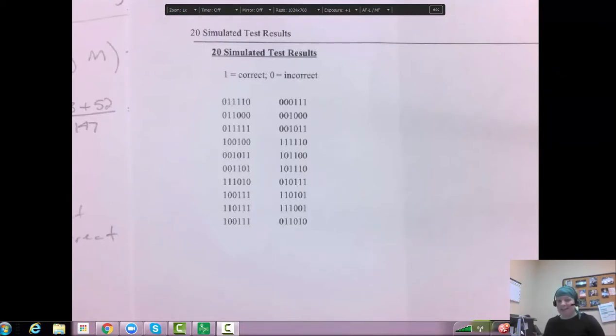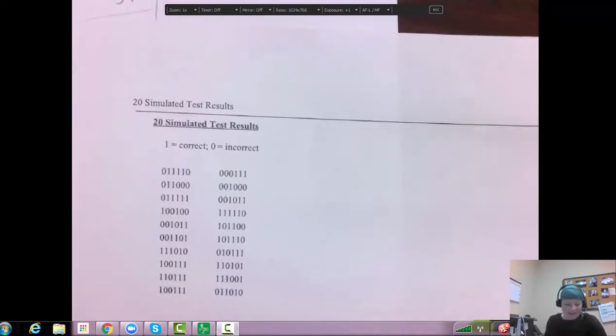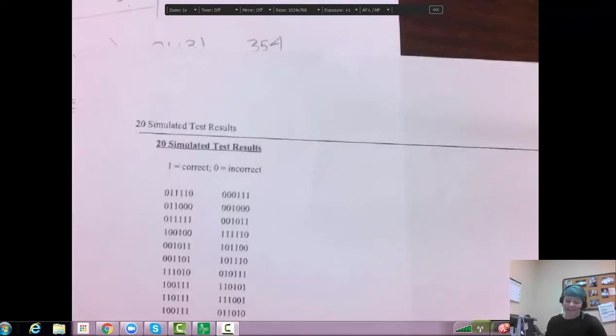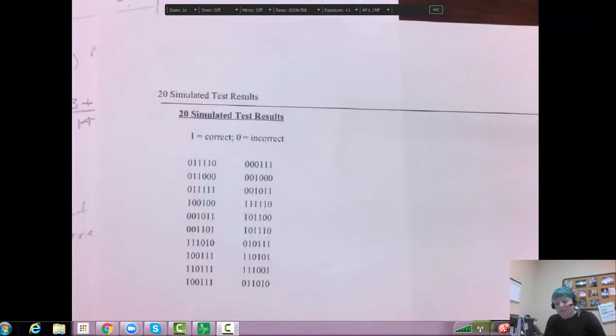Really, 20 isn't going to give you a very good example of what it would be like. This is really what it would be like if you guessed on a quiz. So if I guess, and there's 6 questions, what's the probability of failing this? Well, 3 or less is failing.